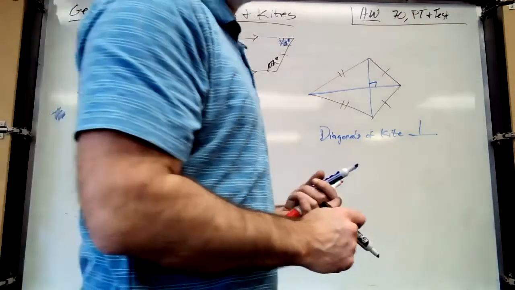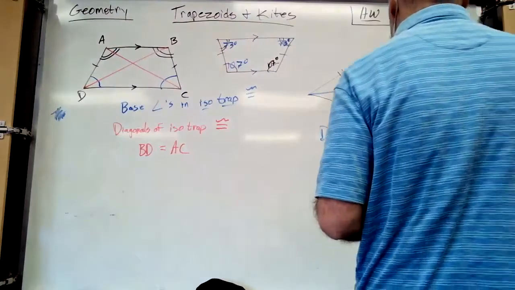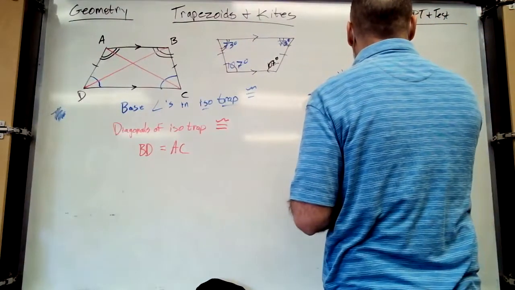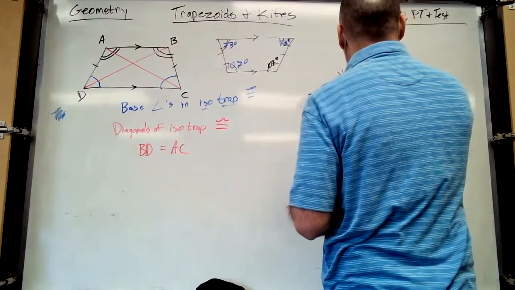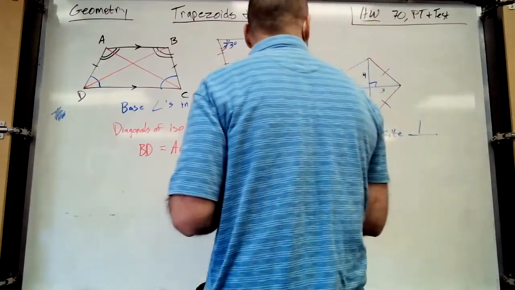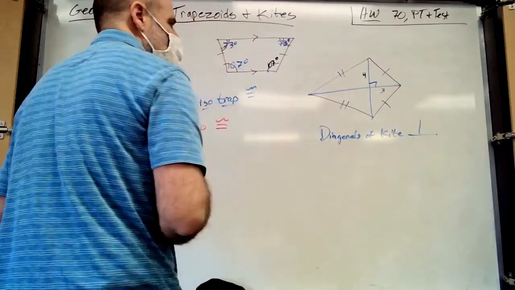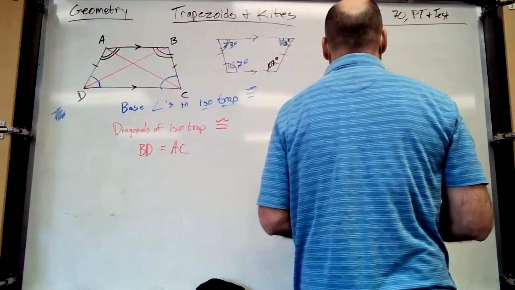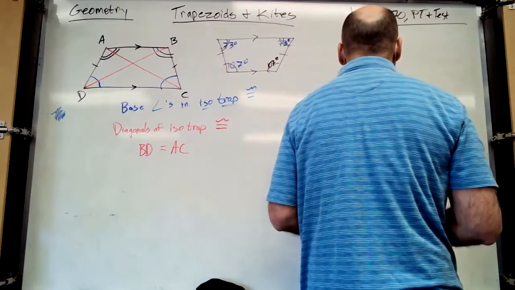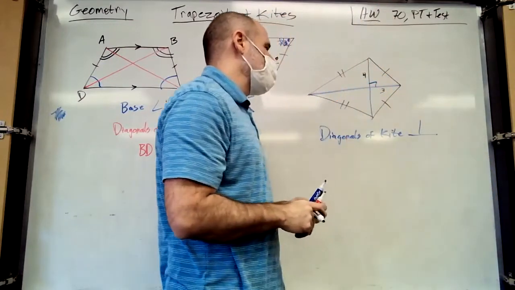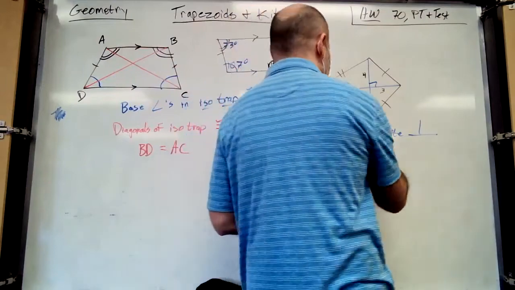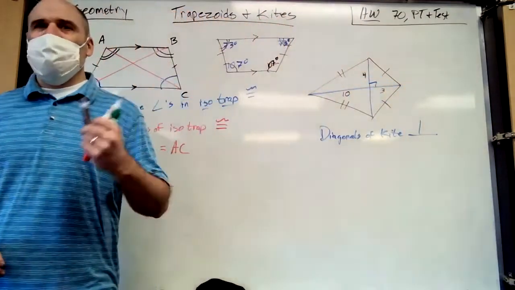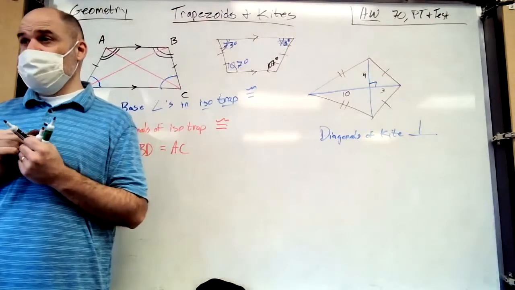So I'm going to do something a little crazy here. I want to find, so technically what I could do is I could find the perimeter of this kite.